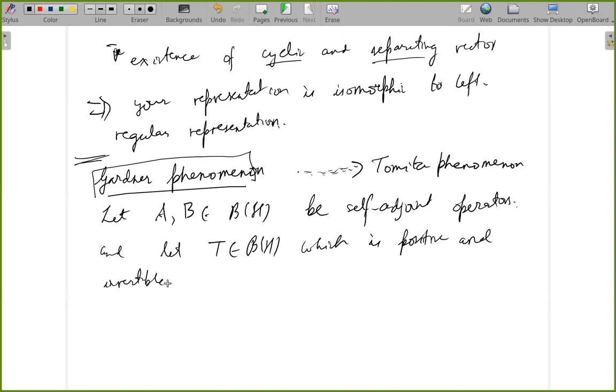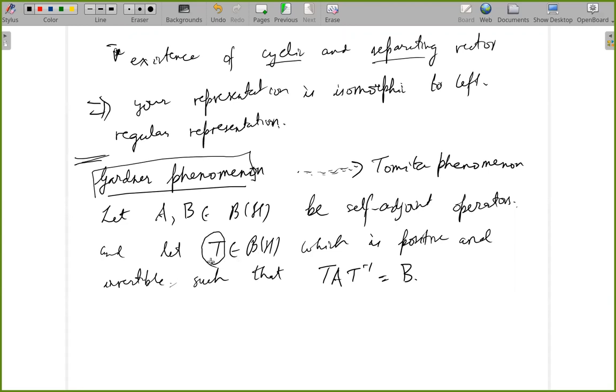Of course, there is a connection between A, B, and T; I'm not just writing symbols here. T is positive and invertible such that these are similar operators: T A T inverse is equal to B. So A and B are self-adjoint, and you have T A T inverse equal to B. This statement you can also write for any C-star algebra, because any C-star algebra anyway embeds inside B of H. By the end of this statement, you will be able to already see that it holds in any C-star algebra.